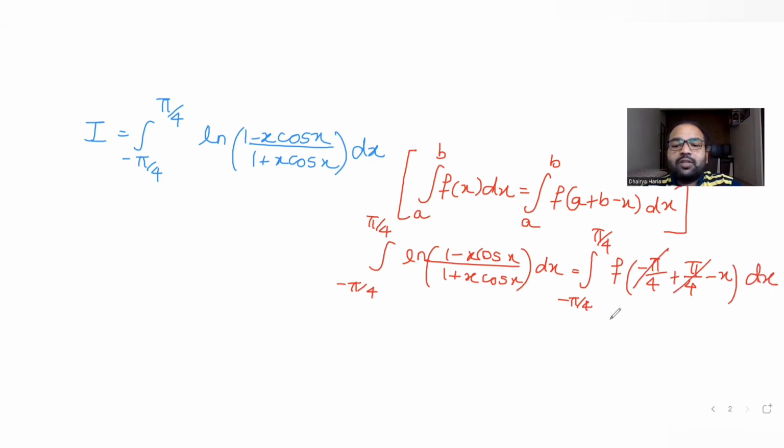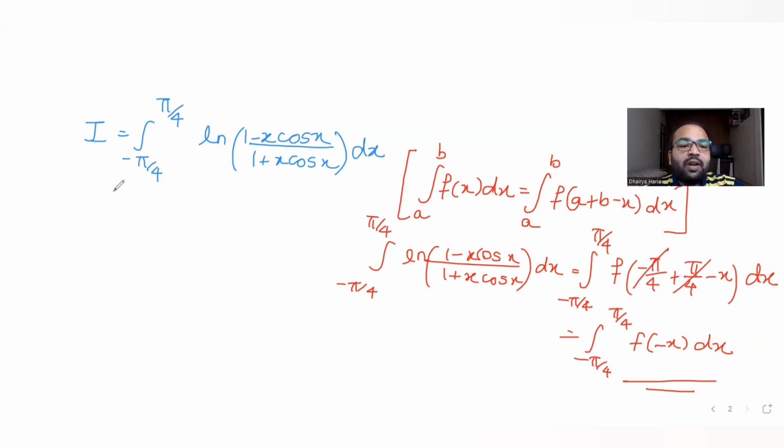So this gets cancelled, and you get the integral from minus pi by 4 to plus pi by 4 of f of minus x dx. Basically, in the entire function that we got for g of f of x, instead of x, it is also equal to f of minus x. So instead of x, I can substitute minus x here.